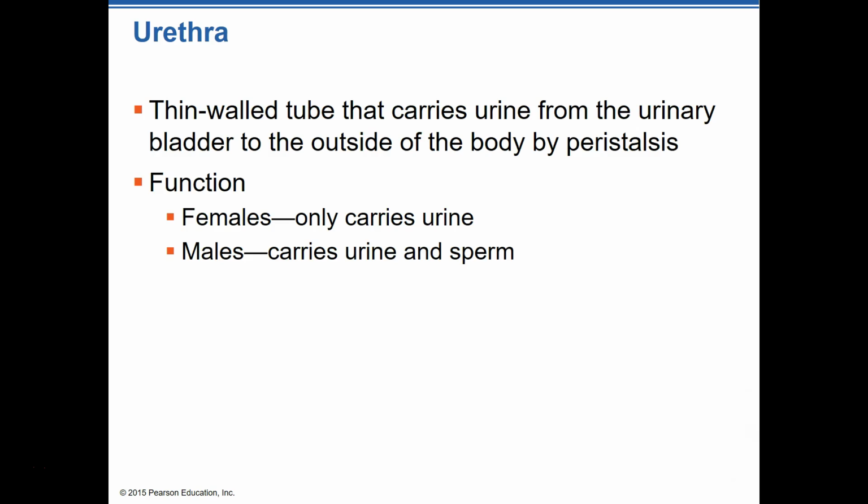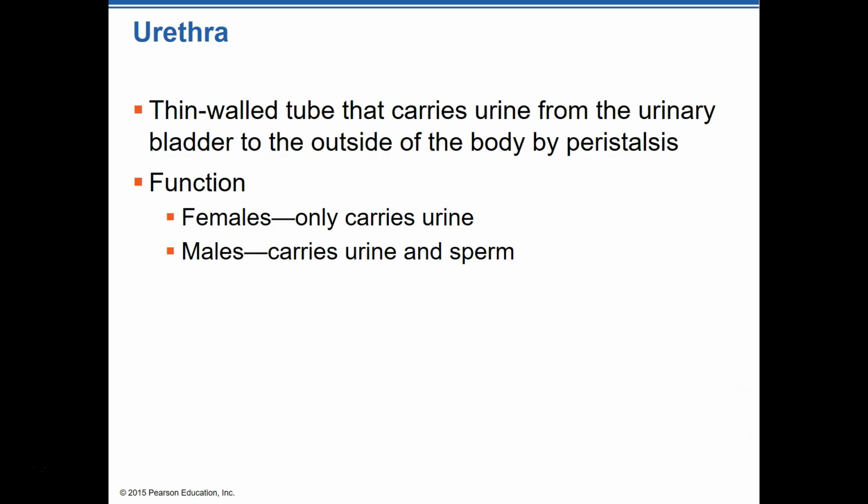So the urethra is actually the tube that carries urine from the bladder to the outside of the body, and the difference is in males and females. Of course, obviously the function for males and females is a little bit different. In females, it only carries urine. In males, it carries urine and sperm.